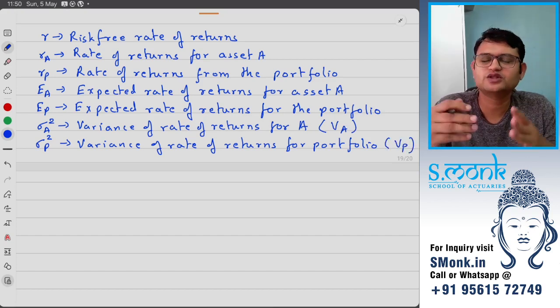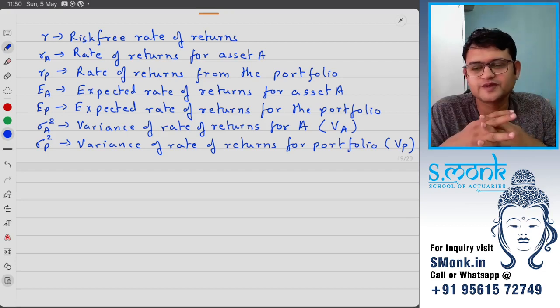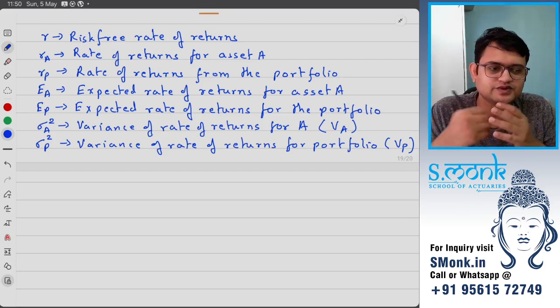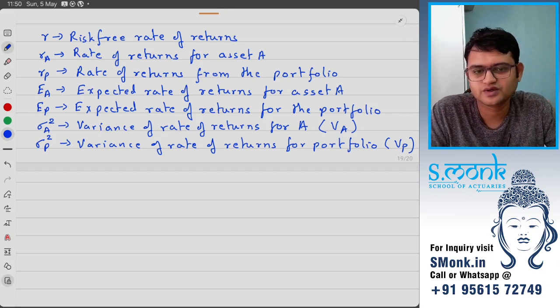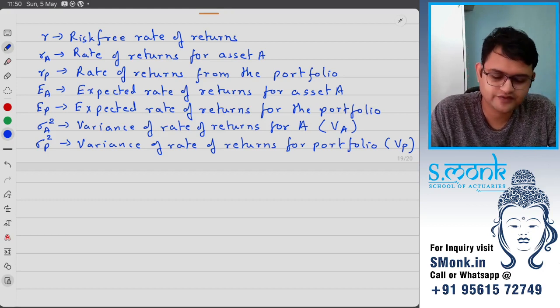It depends on what we are trying to explain. Sometimes we use sigma, sometimes we use V. So these are also the terms that we can use.